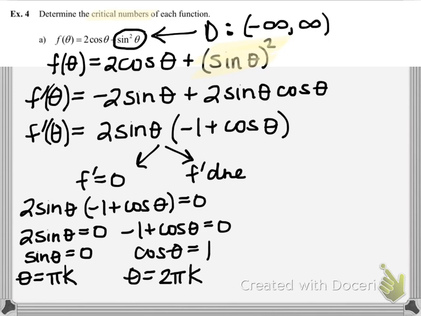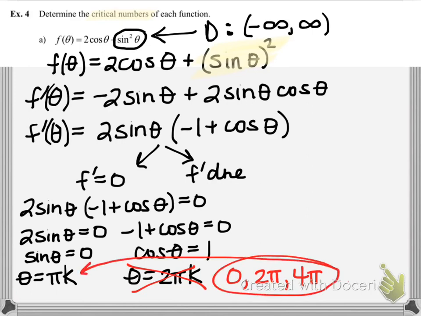But it would be useful to recognize that really I don't have to include the 2 pi k values because as we listed those individual angles before, 0, 2 pi, 4 pi, and so on, all of these values are actually included when we write our set of angles as theta equals pi k.